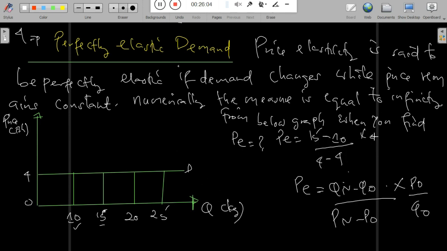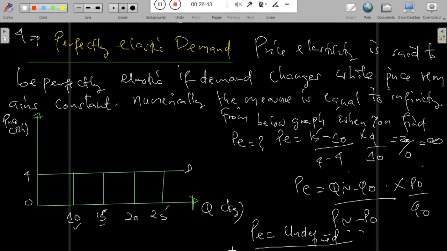So when you calculate the perfect elastic demand, we take out the change in QD, that is 15 minus 10, and we take out 4 minus 4, then we take times 4 over 10. So the price elasticity of demand on this particular graph is equal to undefined, that is 20 divided by 0, which is undefined.